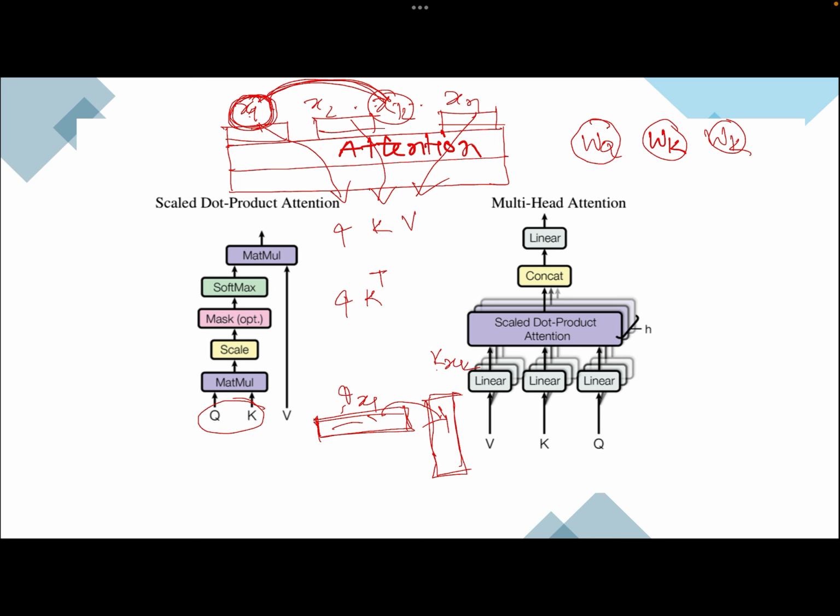In the same way, we multiply the query with the keys of all other tokens, k1, k2, and so on, and we get a score, and that score signifies how much connection x1 has with all other input tokens. And lastly, we get our final output. For example, this is a1 and this is a2. Then we get our final output by combining a1 times v1 plus a2 times v2 and so on.